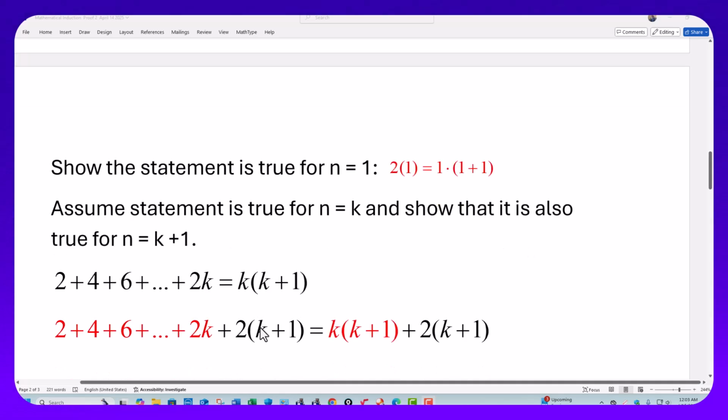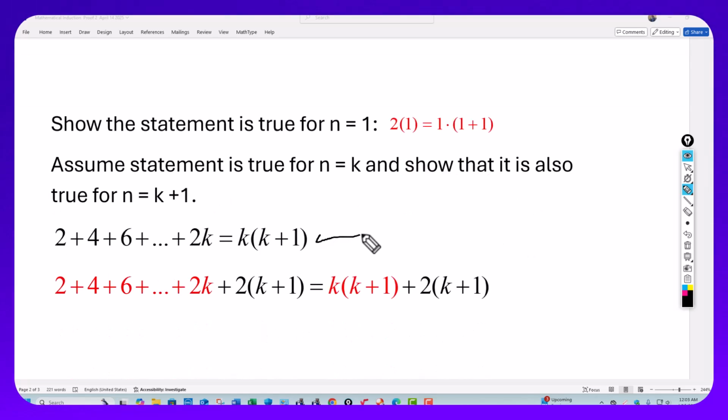So here it is. This is assumed to be true for n equal k. Here I have 2 plus 4 plus 6 plus ... plus 2k. And then the next one would be k plus 1, so it's 2 times k plus 1. Now this part right here is the assumption.